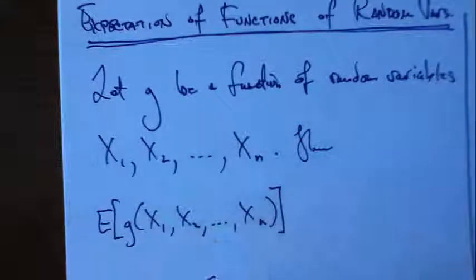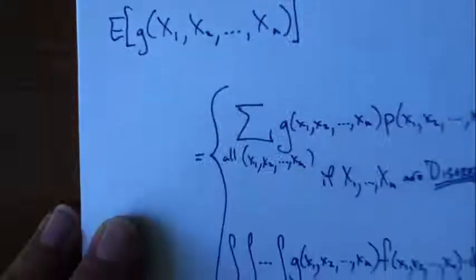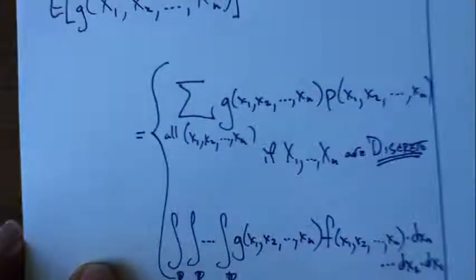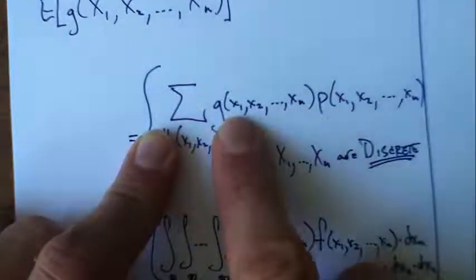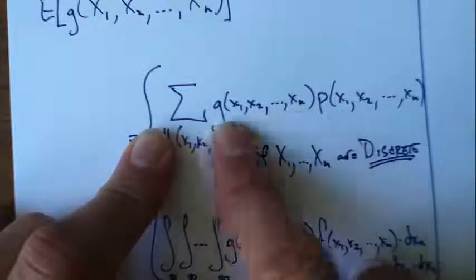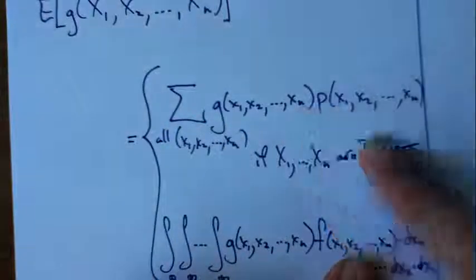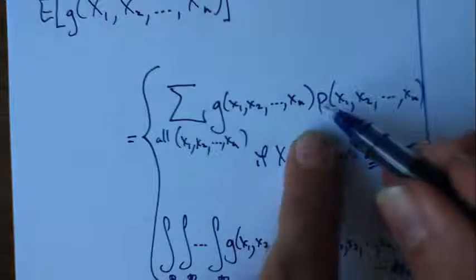And what it is, well, if all these random variables are discrete, then it's just, guess what? It's a weighted average, right? You're summing up all of these things, G evaluated at all the possible x value combinations, but then weighted against the probability. This is the joint probability function.